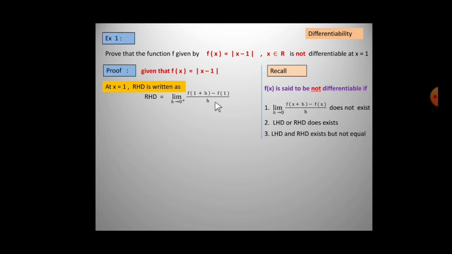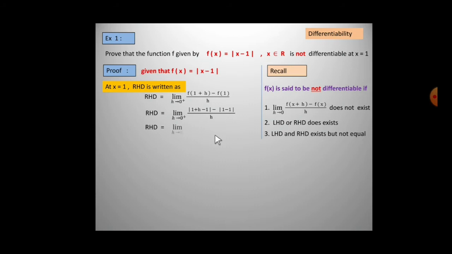So next is substitution of f of 1 plus h and f of 1. So right hand derivative is equal to limit as h tends to 0 plus modulus of 1 plus h minus 1, replacing this x by 1 plus h, minus f of 1, which is replacing x in x minus 1, 1 minus 1, divided by h as it is.